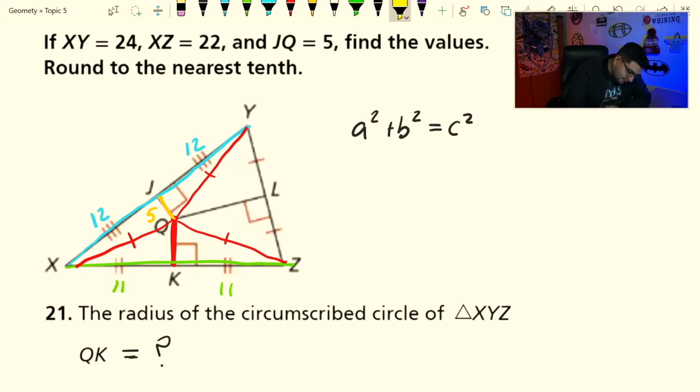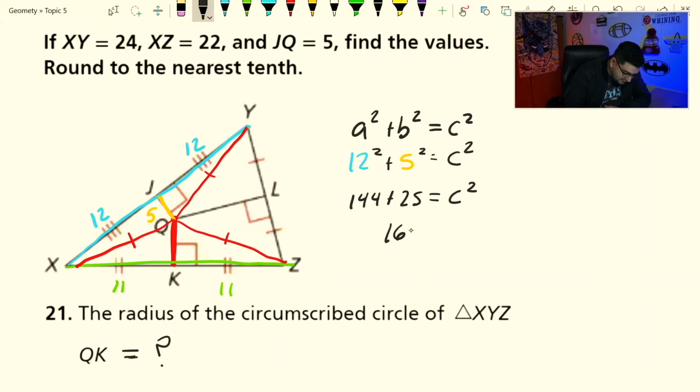So first, let's focus on this highlighted triangle. I have 12, 5, and the hypotenuse. Remember, c is the hypotenuse and 12 and 5 are my legs. So I can plug in 12 squared plus 5 squared, and this will get me that hypotenuse. 12 squared is 144 plus 25, which is c squared.